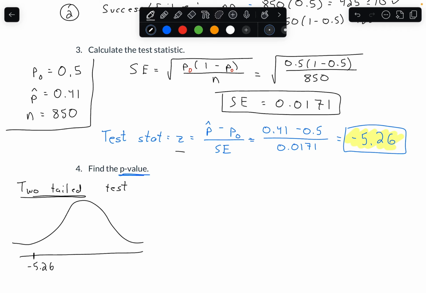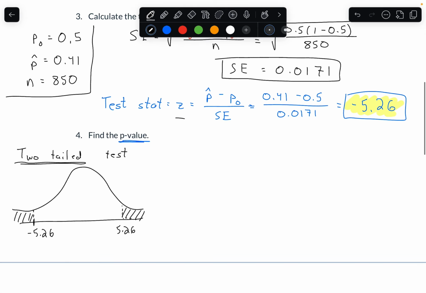But we said that this is a two-tailed test, so I want the area to the left of negative 5.26, but I'm also, because this is a two-tailed test, I want to find the area to the right of 5.26 as well, and then my p-value is going to be these two areas added together.